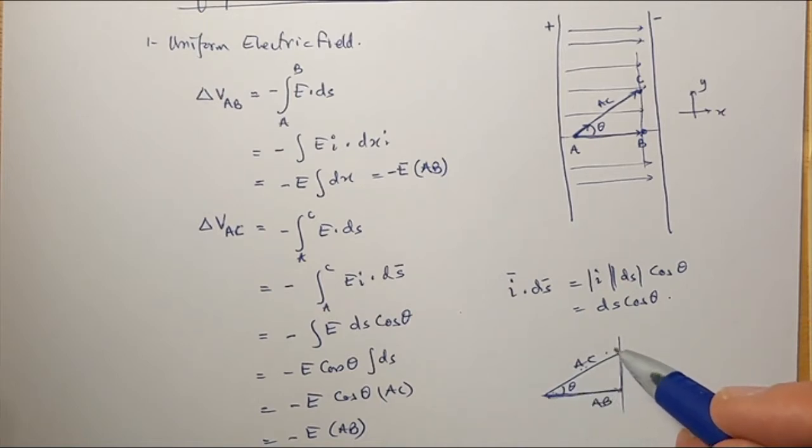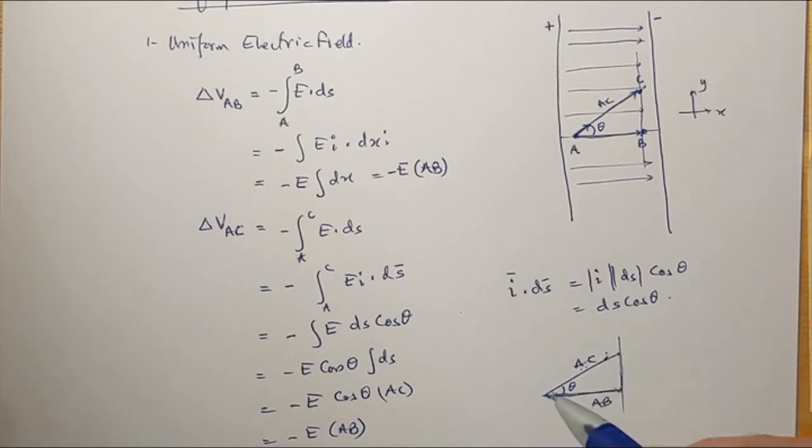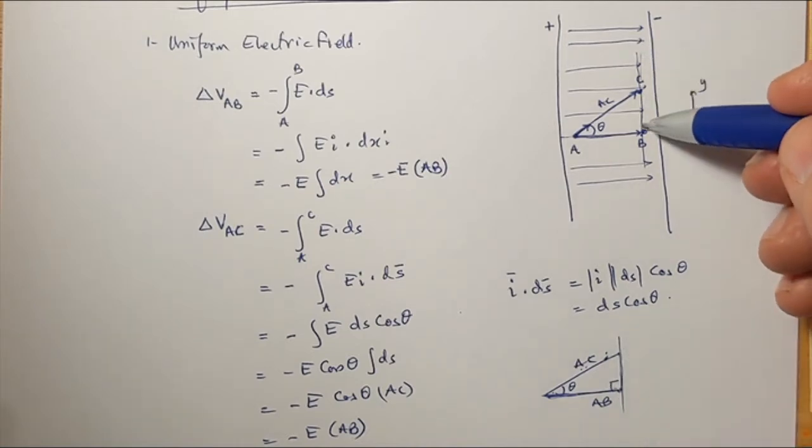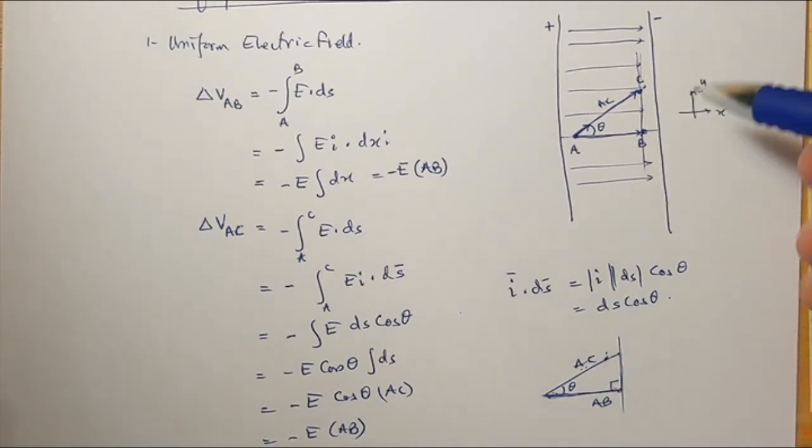If the point C is here, then AC cos theta will not be equal to AB. So it's true only if this angle is 90 degrees or this line is parallel to this wall.